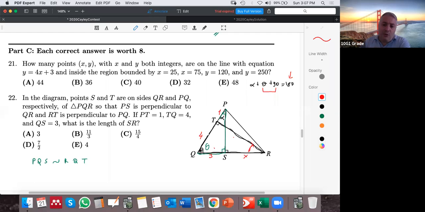Right now, when you look at QTR, this is theta. This is 90. So theta here, 90 here. To get the sum of the interior angles of any triangle 180, what should this angle be? When I pair this, it is directly seen that it must also be alpha. Yes or no?